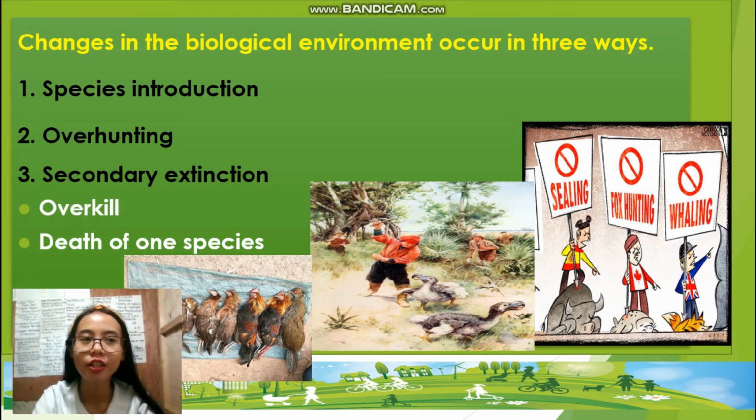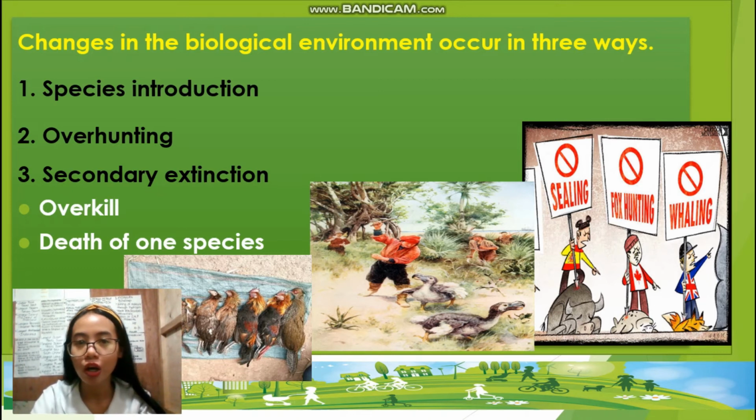A good example of that is human prehistory, which may have caused the extinction of mammoths and mastodons, due to the increase of human hunting skill, because that was all they did, they just hunted. Next is secondary extinction.